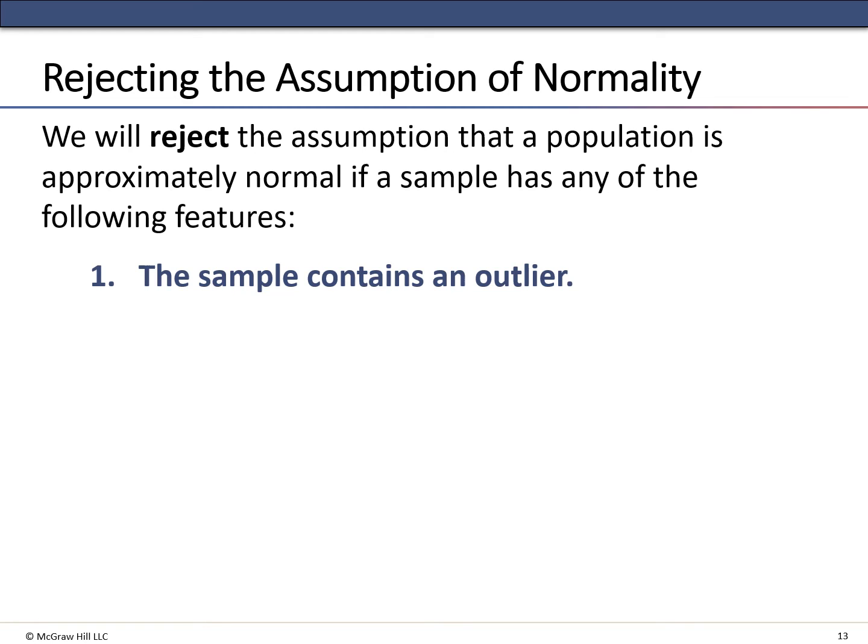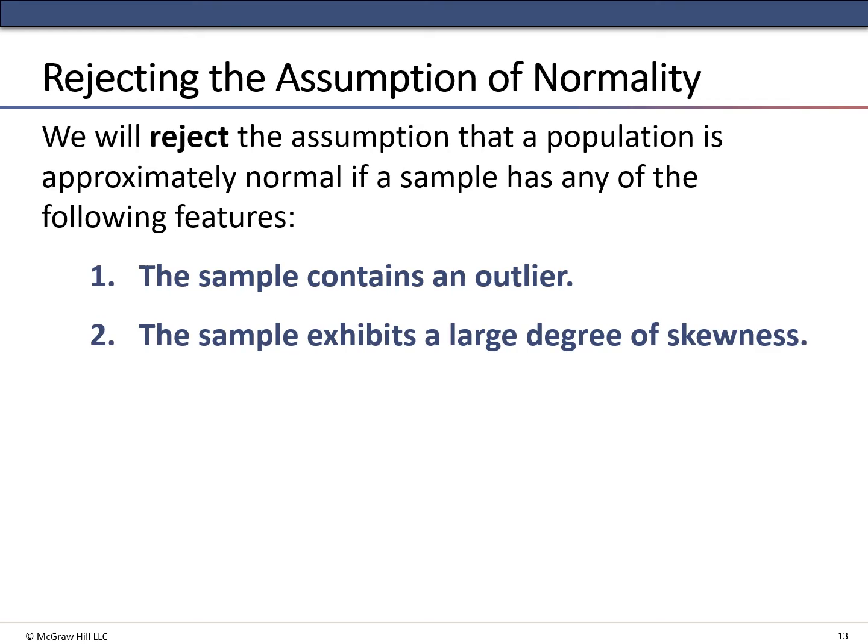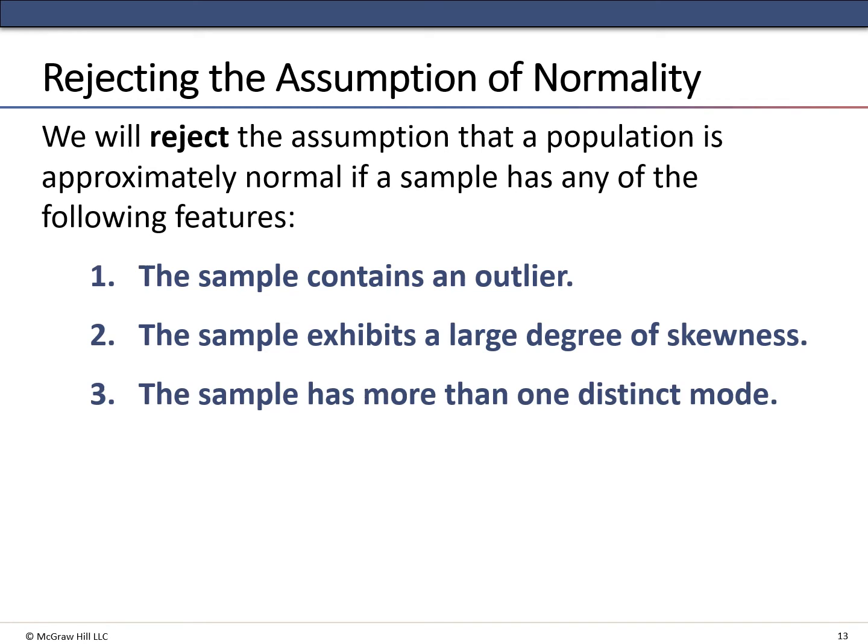So we will reject the assumption that a population is approximately normal if the sample has any of the following features. First, the sample contains an outlier. The sample exhibits a large degree of skewness. Remember, skewness is when it has a tail to the left or the right. So the data ramps up from the left or it trails off to the right.